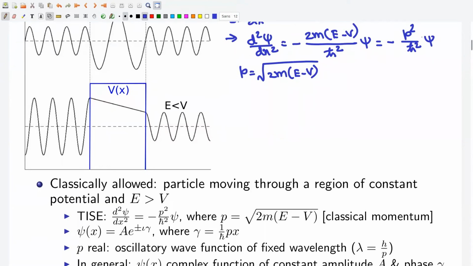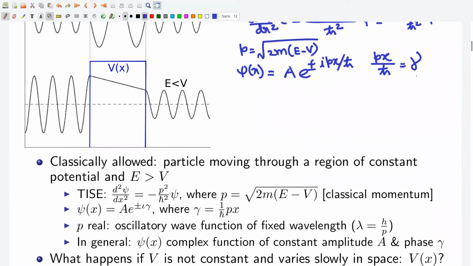The solution for this equation is psi of x is equal to A e power plus or minus i p x by h cross. We can rewrite the exponent p x by h cross as gamma.